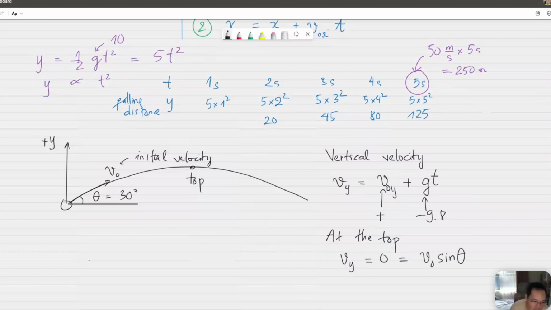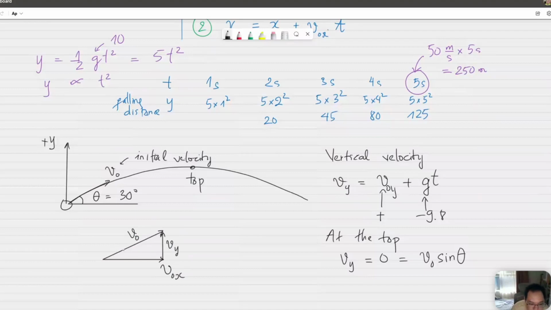The initial vertical velocity is determined by V initial multiplied with sine of the angle theta. Here, you've learned trigonometry, have you? Yes. Any vector we can resolve, we can consider one vector made up by two other vectors in the two directions, horizontal v0x and vertical v0y. They make a triangle, and the initial velocity v0 is the hypotenuse.